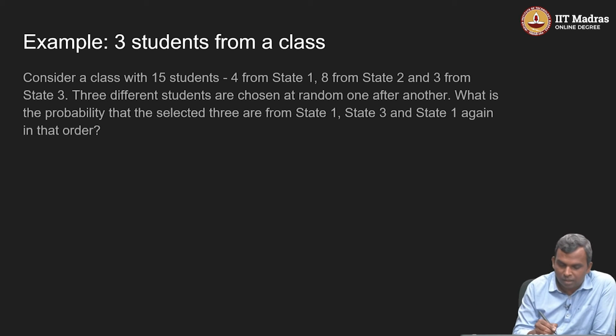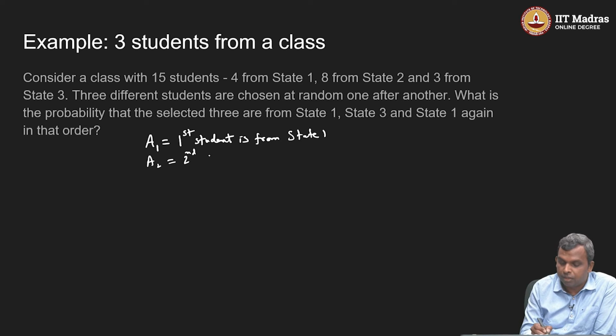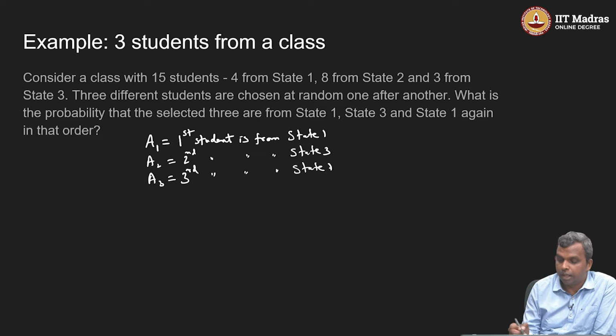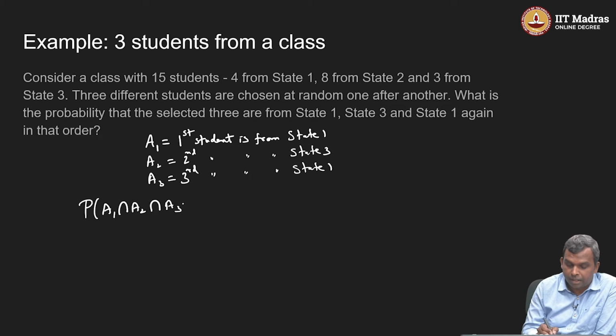The way you think of this is you write it as 3 events. A1 is first student is from state 1, then A2 is second student is from state 3, and A3 is third student is from state 1 again. The question is asking for the probability of A1 intersect A2 intersect A3.